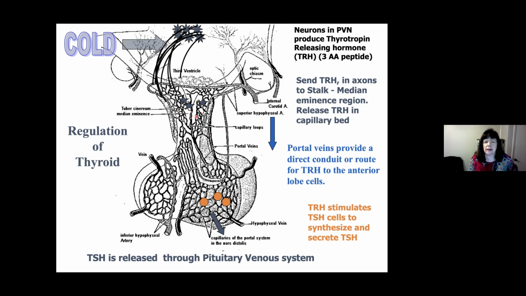And this set has the TRH in it, and then it carries it to the anterior pituitary. So hopefully repetition helps you understand the entire relationship between the circulatory system and the nervous system and the endocrine system.